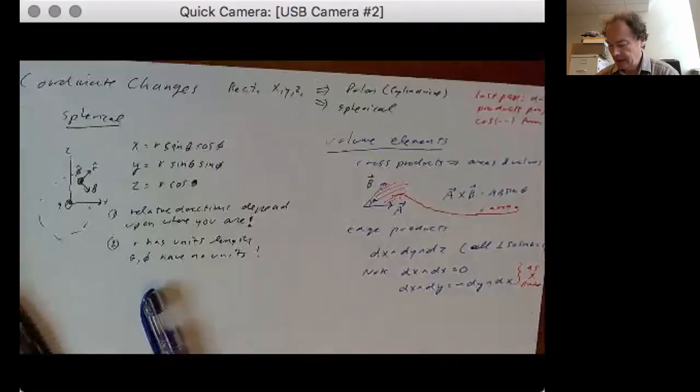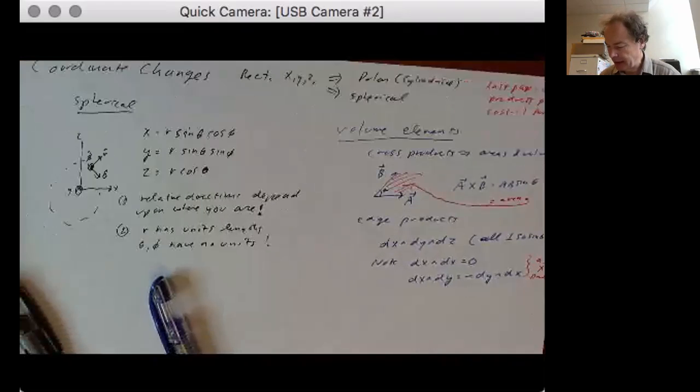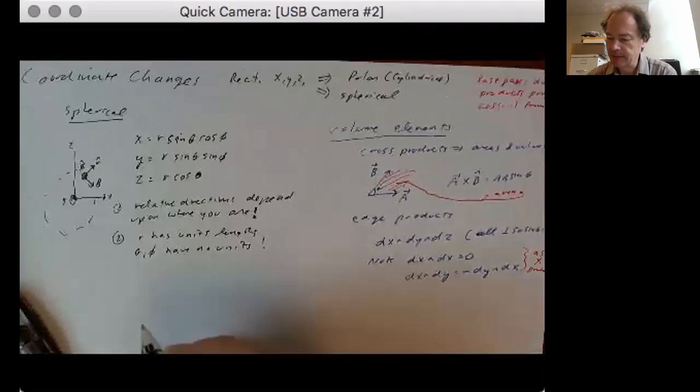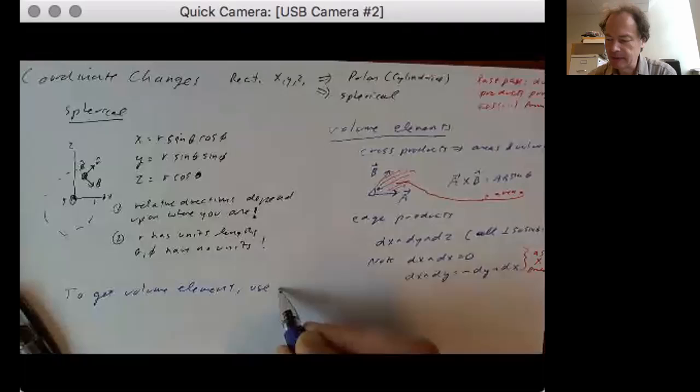So now, if I want to get a volume element, I can write down an edge product. So to get volume, use an edge product.